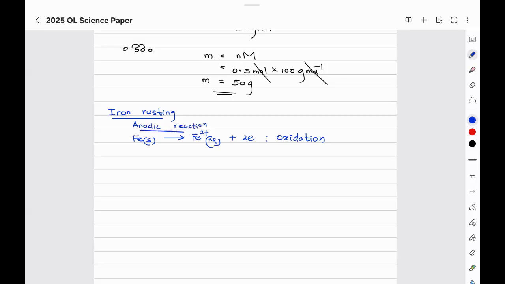Then there is another reaction taking place in this way: 2 water reacting with oxygen gas by taking 4 electrons to produce 4 OH minus. We consider this one as reduction, and this is what we call the cathodic reaction.